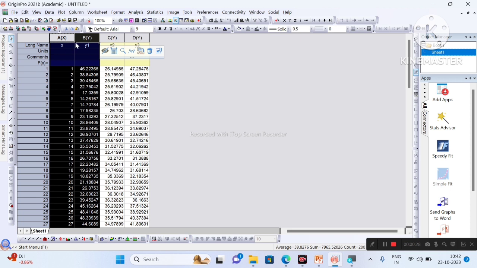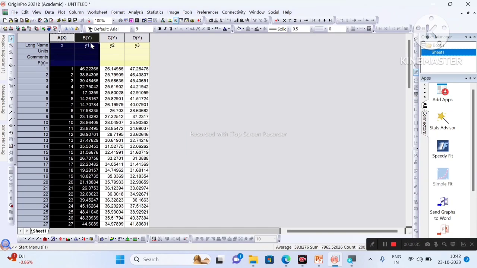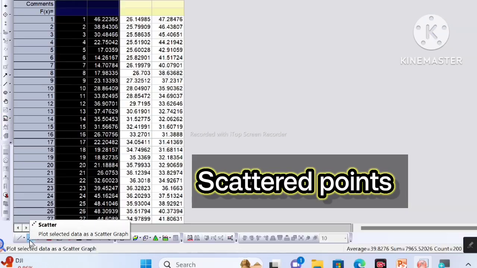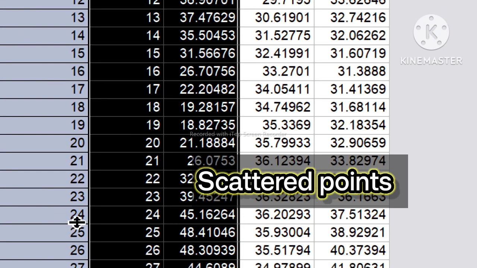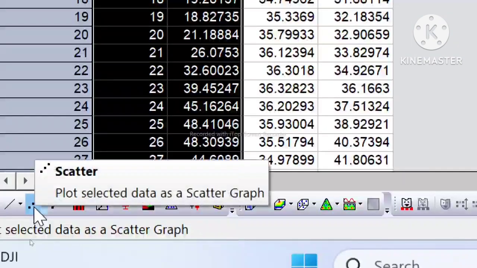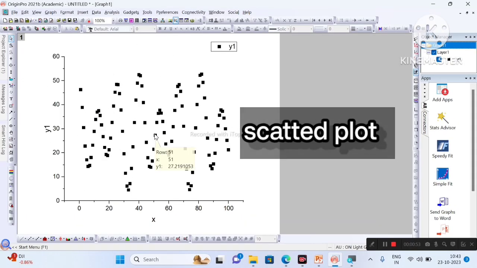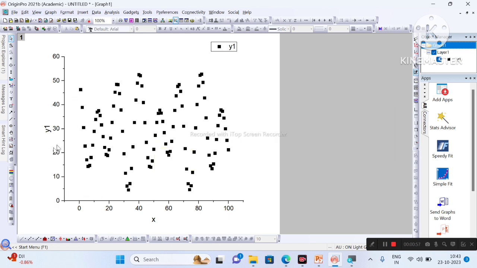I'm just selecting the x and y axis, then I will go to this data point. Since these are experimental data points, I am just plotting a point of y with respect to x.